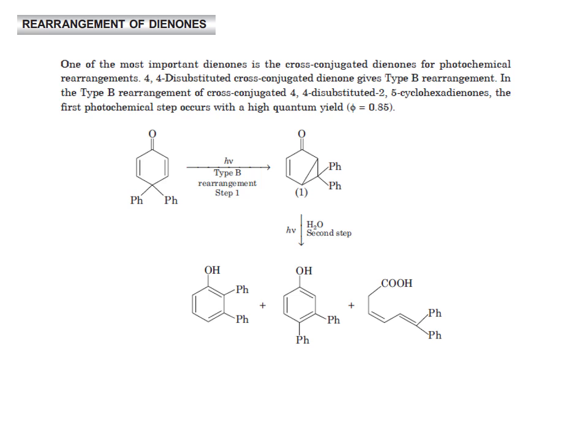In the type B rearrangement of this cross-conjugated 4,4-disubstituted 2,5-cyclohexadienone, the first photochemical step occurs with a very high quantum yield, the value is 0.85. So here, if we give light, type B rearrangement is the first step to get this product number 1, which in the second step in the presence of H2 and light is converted into 3 different products.